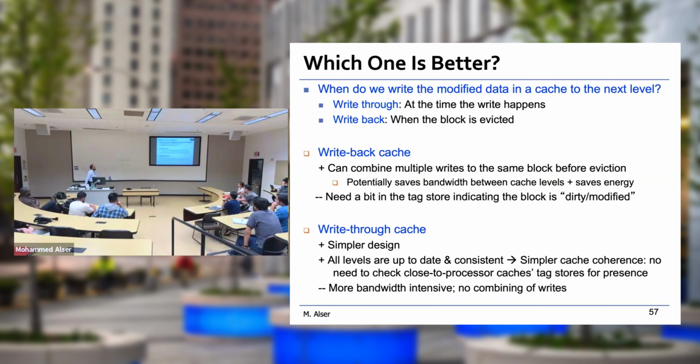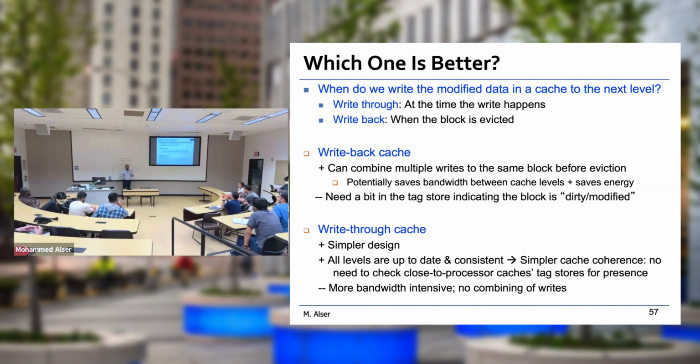All right, so we discussed a lot of these things. Write back can combine multiple writes to the same block before evacuation, because I wait until it gets replaced, and then I push to the DRAM. This way, I can exploit that by waiting until many blocks get dirty, and then I can evacuate them all in parallel, for example.